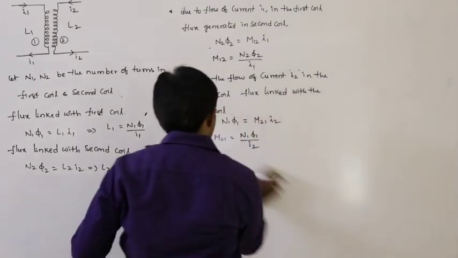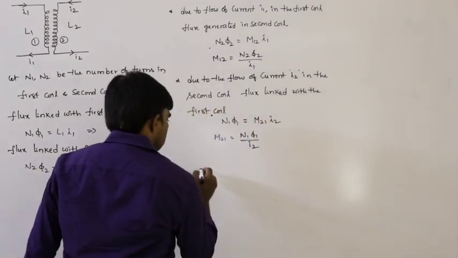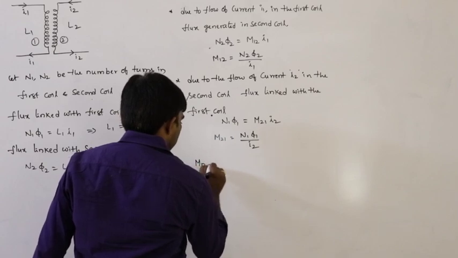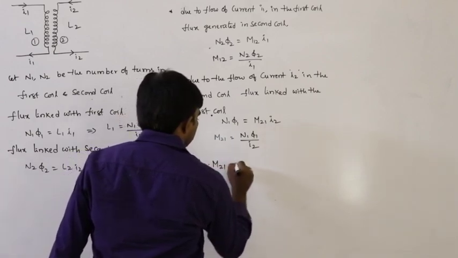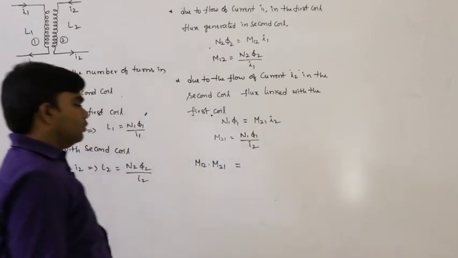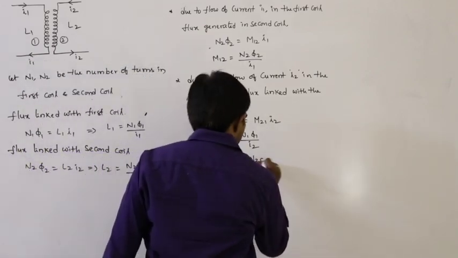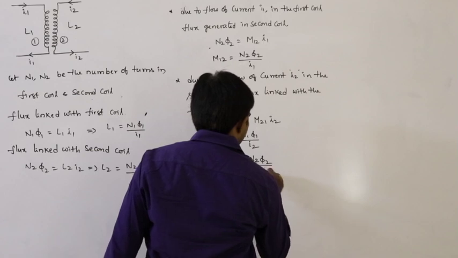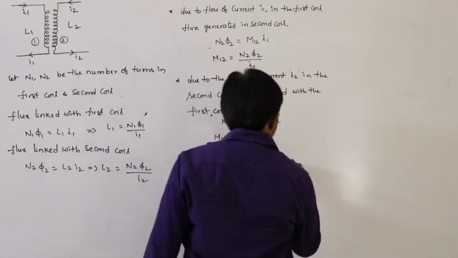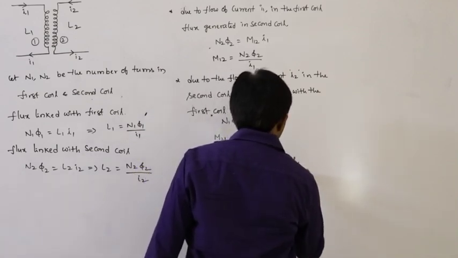Now let us, I am doing M12 into M21. So, what is M12? N2 phi 2 divided by I1, into N1 phi 1 divided by I2.